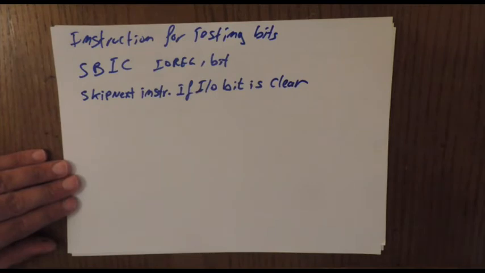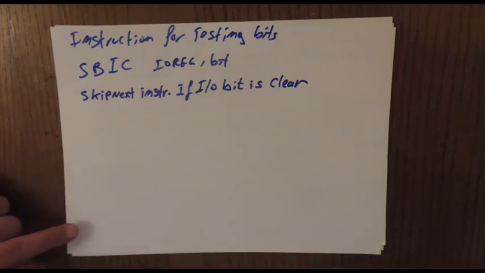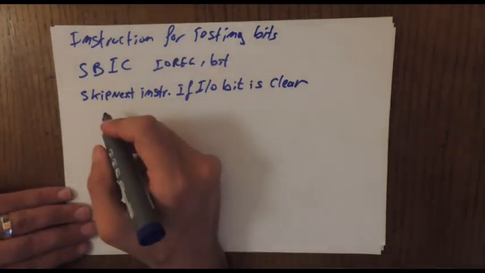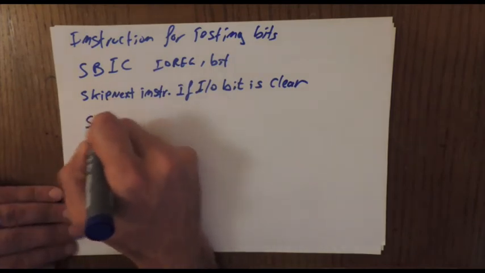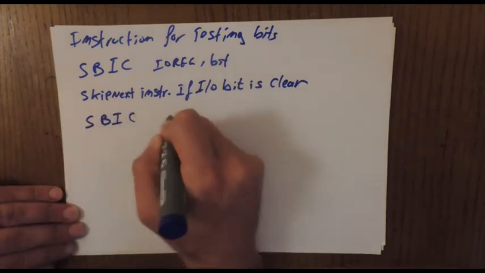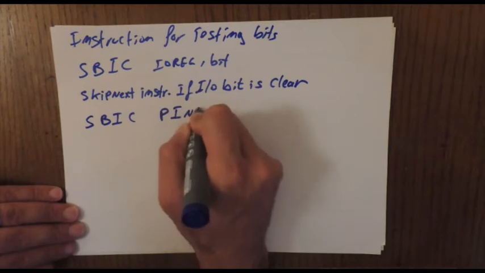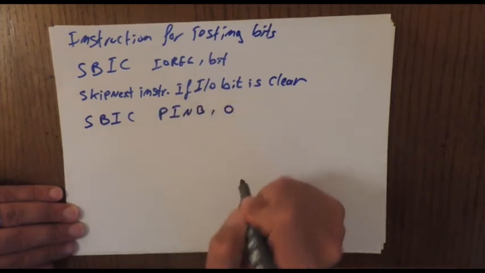So usually with SBIC, we want to check if some bits are on or off. So usually we use them with pin. For example, I can say SBIC pin B, comma 0.